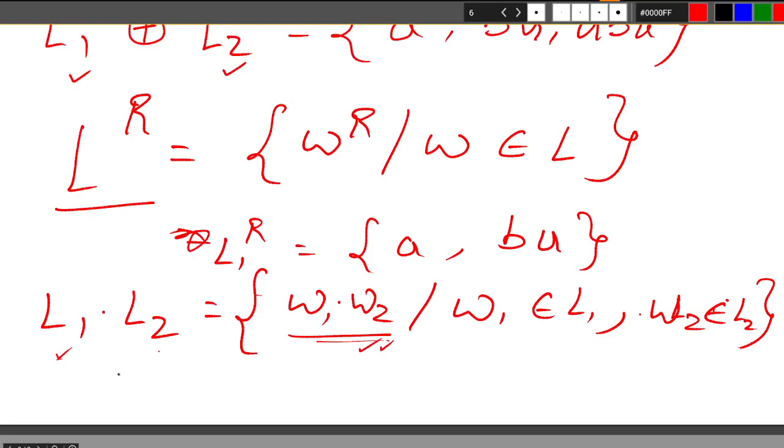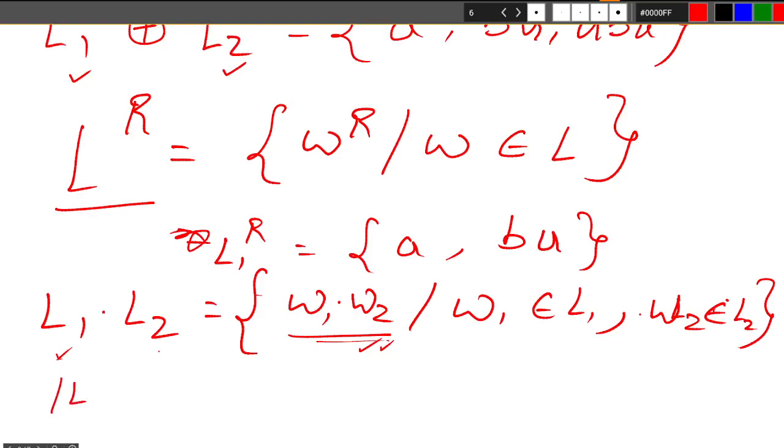Suppose the length of L1 was something and the length of L2 was something, right? You have performed the concatenation. So now actually what will happen? Say one has 2, the other has 3. So 2 into 3 is 6, and 6 possible strings are there, right?